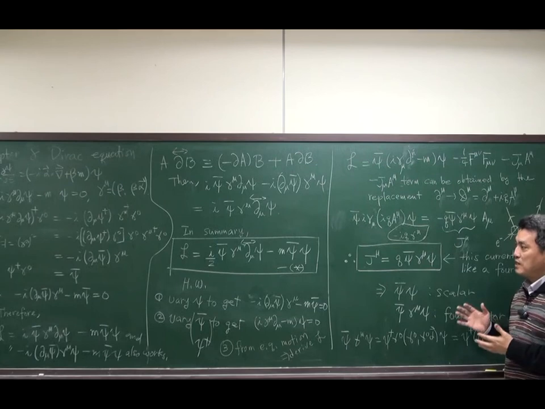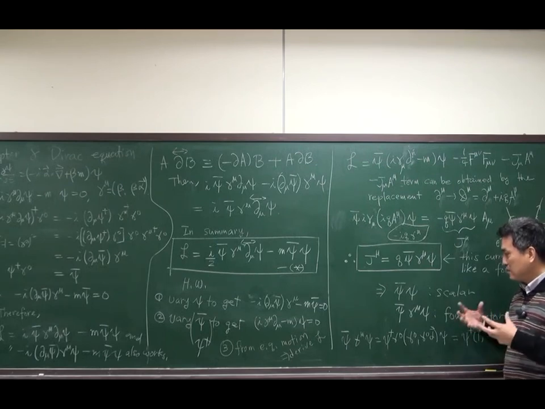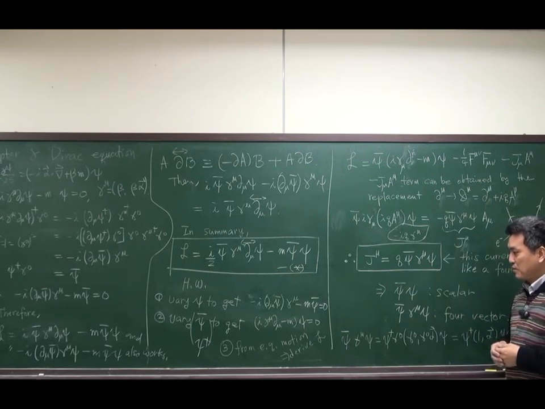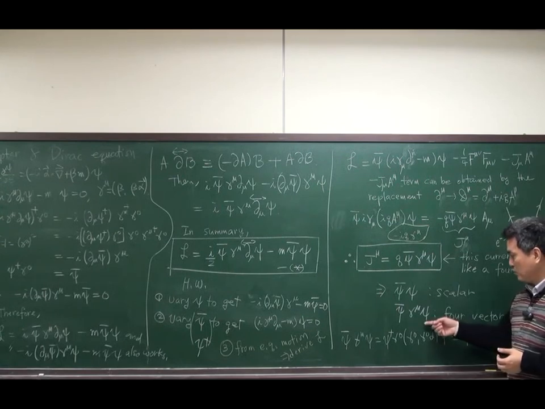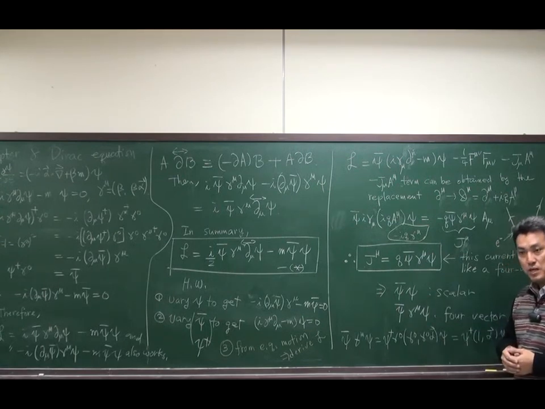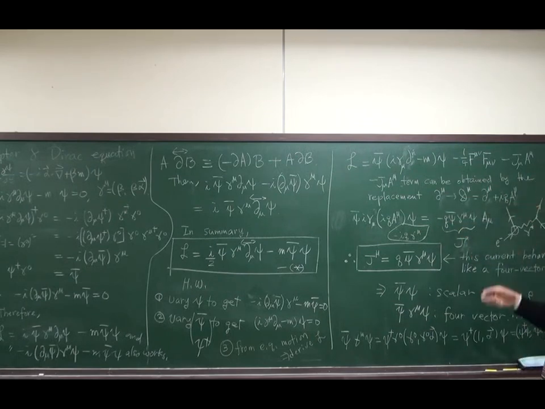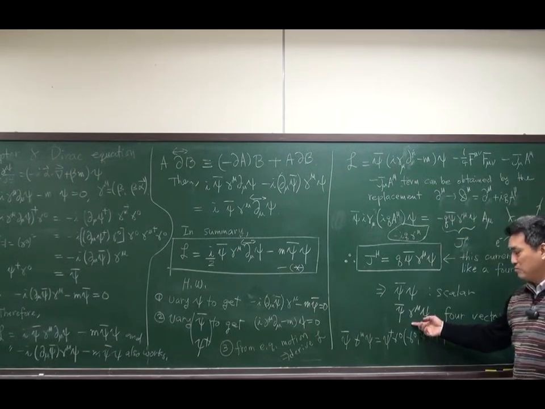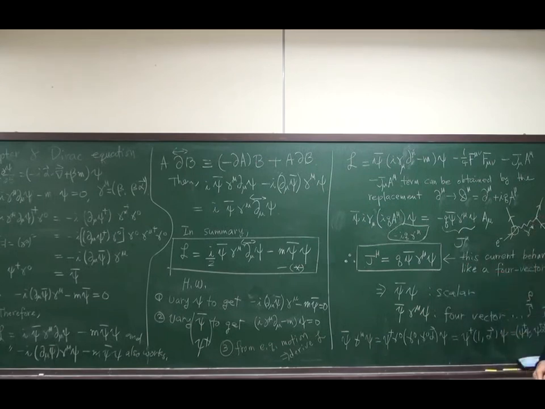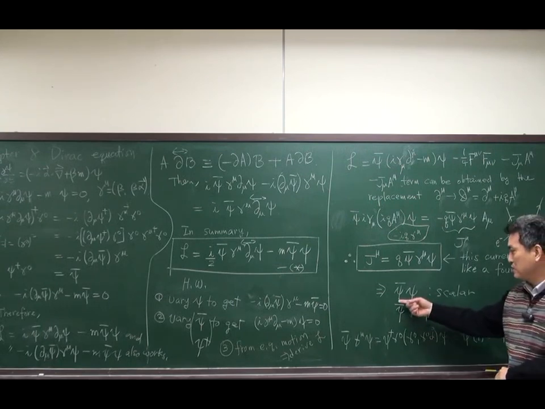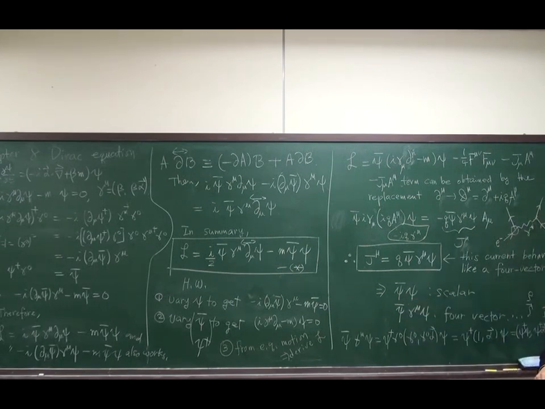Even though right now we have not derived the Lorentz transformation properties for psi and this object, the requirement alone shows that this one must transform like a 4-vector. And we can also construct another kind of object, and later we will learn that this is just a scalar.